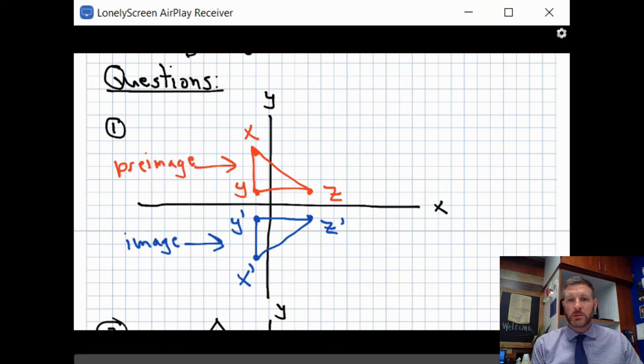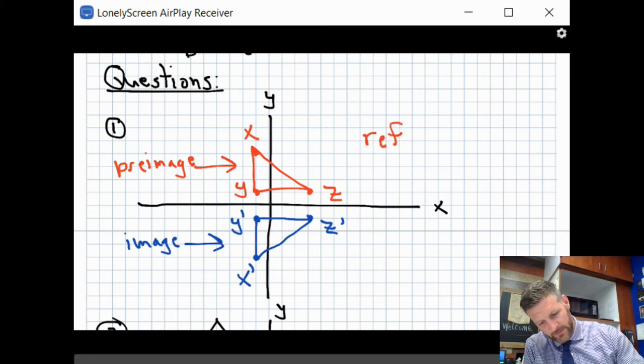Alrighty, but what we're supposed to do is draw and then identify the transformation. So you can see it didn't slide one way. It didn't spin, but it reflected, almost like a page turn, or like it got flipped. That's why it's called a flip. And so we could go ahead and say this is a reflection.